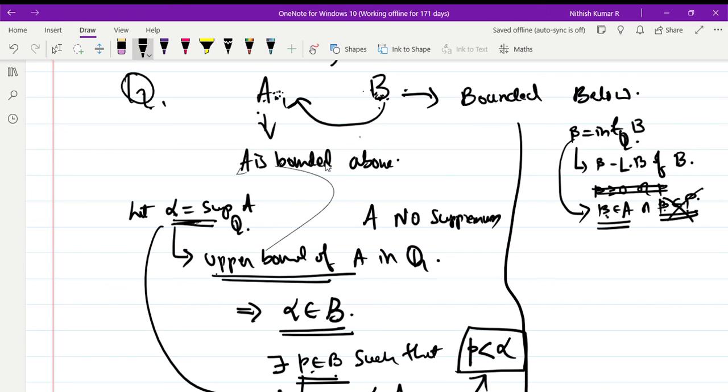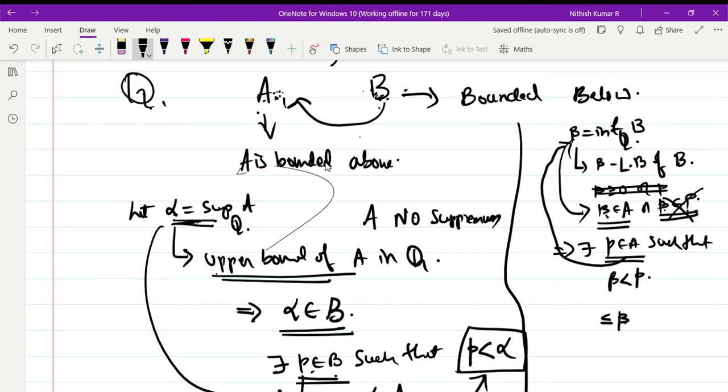Now A has a property that A has no largest element. This implies there exists some P belongs to A such that beta is less than P. We know that every element of A is a lower bound of B. And beta is the infimum, that means beta must be the greatest lower bound.